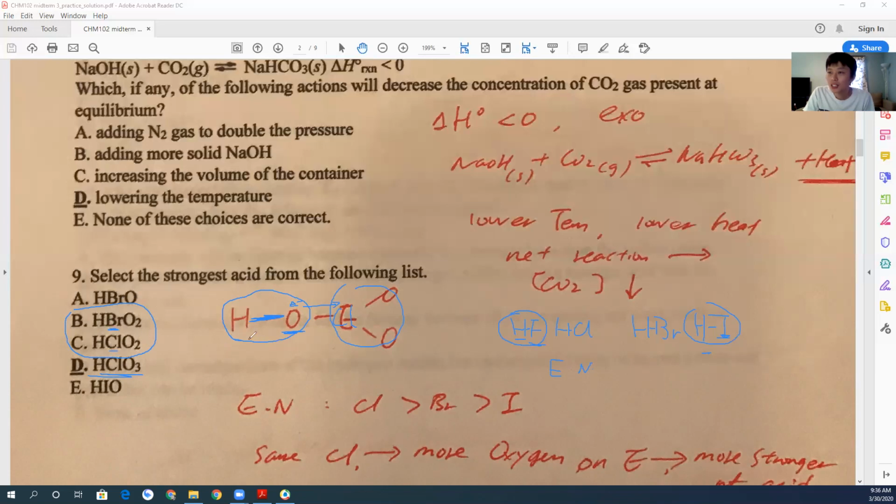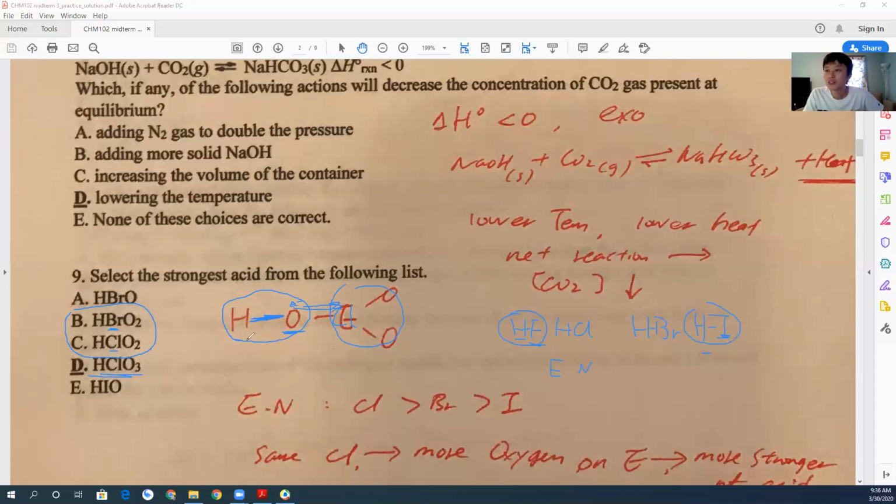In this case, chlorine is more electronegative than bromine, so there will be more electrons pulled to this side again, making that bond weaker. So HClO2 will be stronger than HBrO2 in this case.